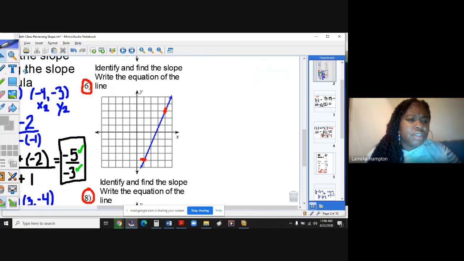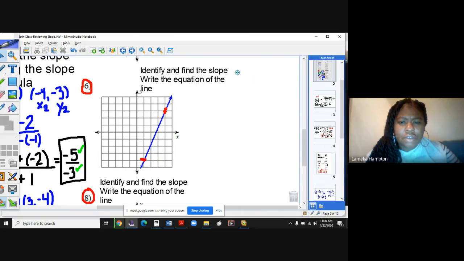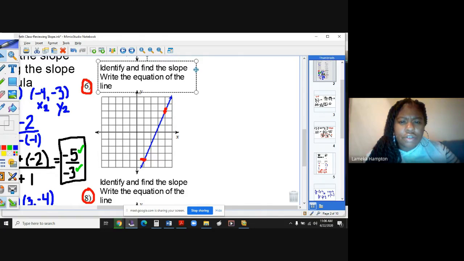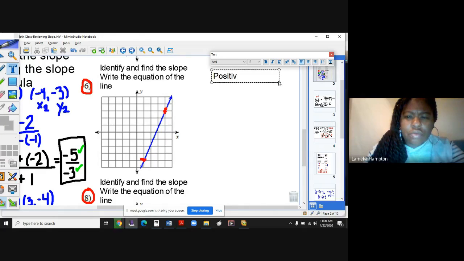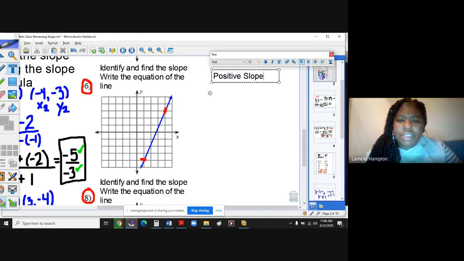Let me type this in. We have a positive slope for number 6. So the good news is we know that we have a positive slope for number 6.